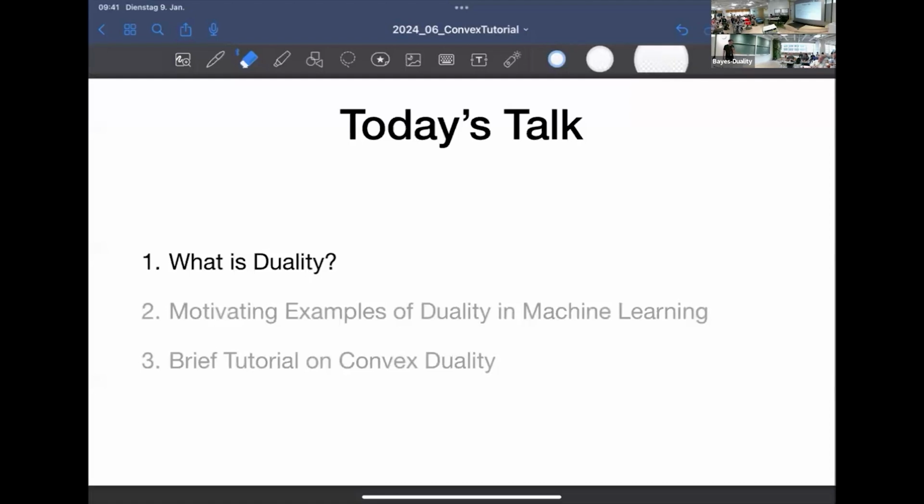At a machine learning conference, or when people from optimization come, they very specifically think that duality is related to optimization and Lagrange multipliers. But I hope to convince you in this introduction that it's a more general concept, and that we should be a bit open-minded.